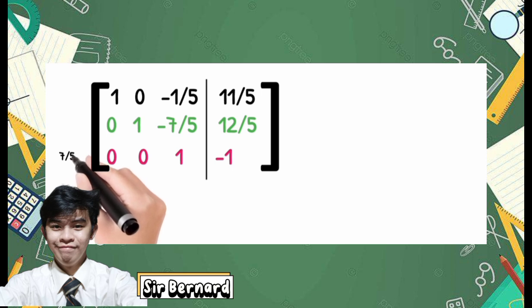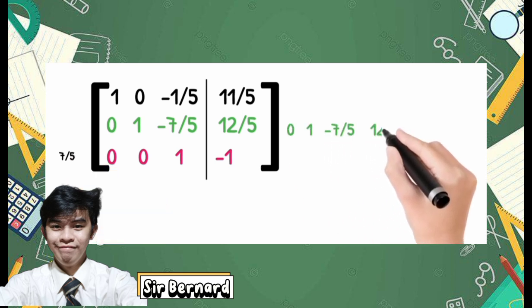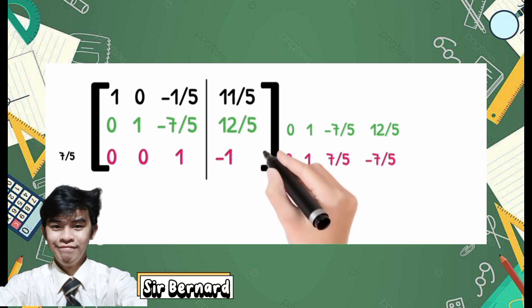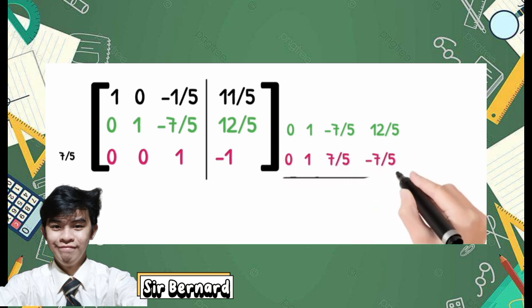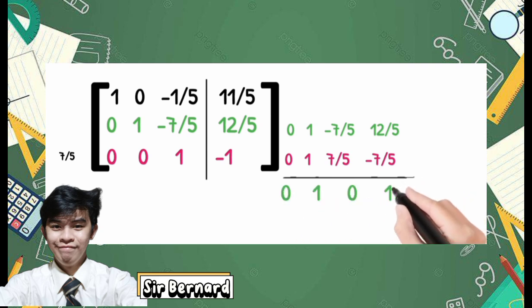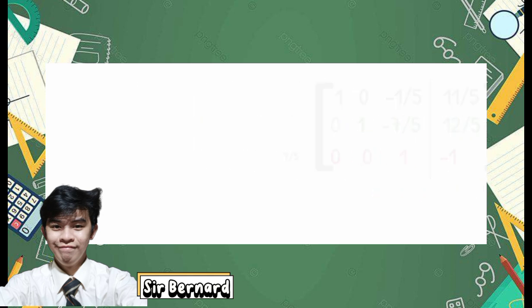Next, in row 2, we need to zero the negative 7 over 5, by multiplying 7 over 5 by row 3 and adding to row 2, and the answer is 0, 1, 0, 1.